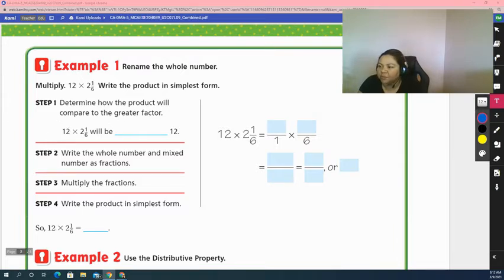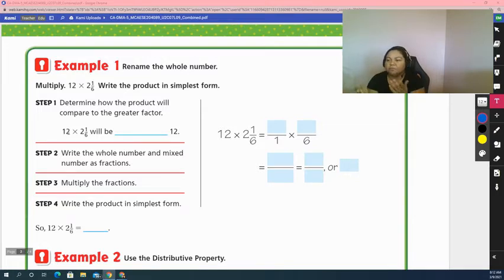So determine how the product will compare to the greater factor. So here we're practicing again, 7.8. First, we're going to think about what the product will look like. Will it be greater than 12? Will it be less than 12? So in this case, I have a whole number times a mixed number. So it's basically two factors that are greater than 1.